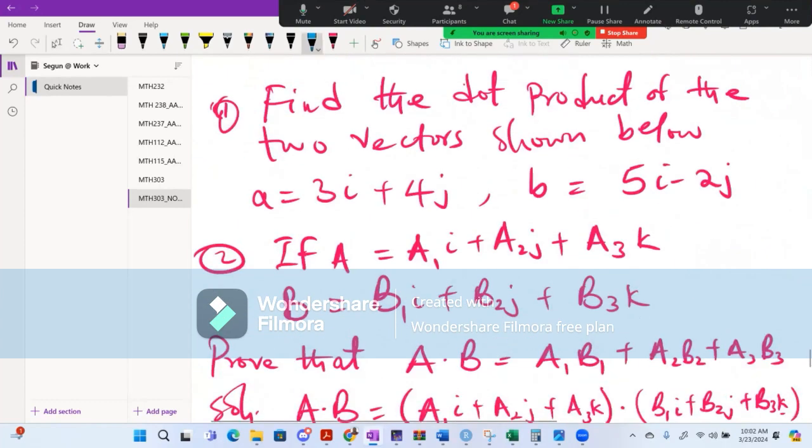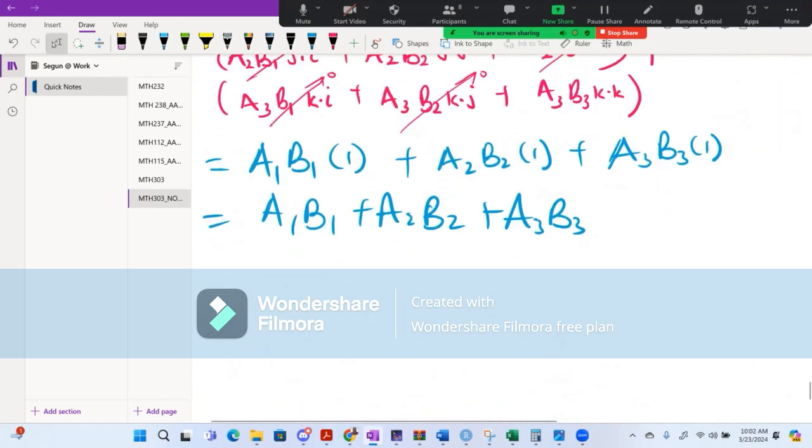We have our question 1 here. It says we should show the dot product of this. For us to show the dot product, let's write.